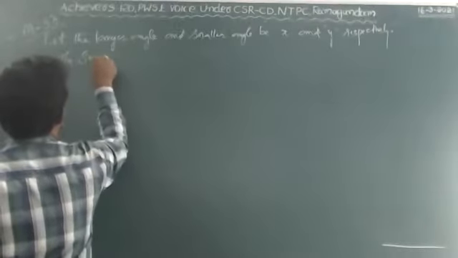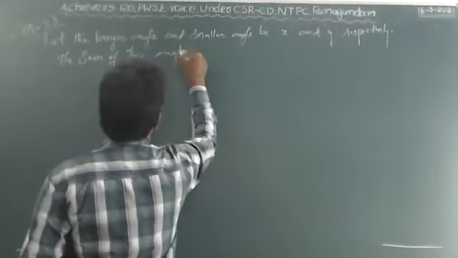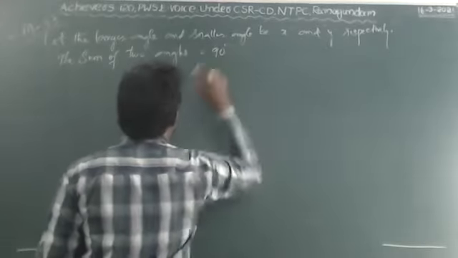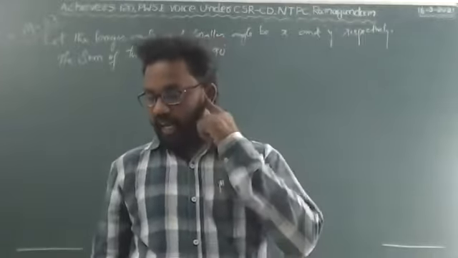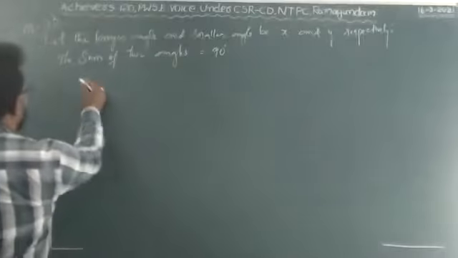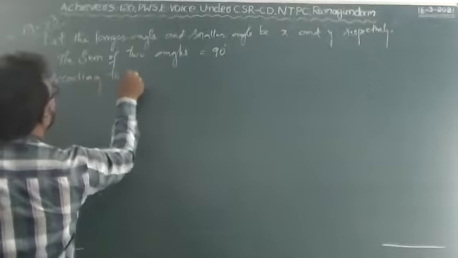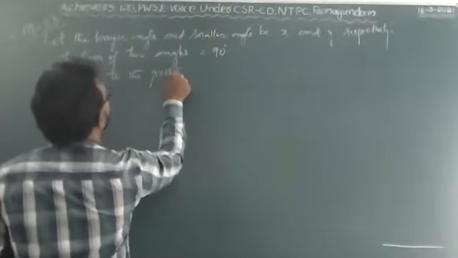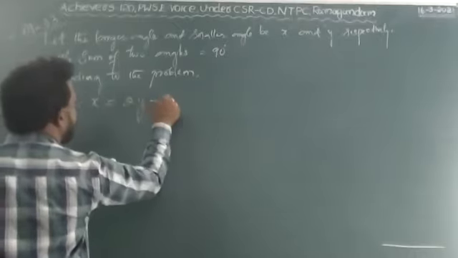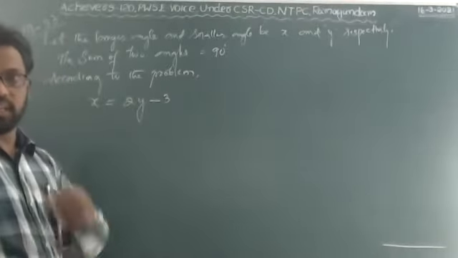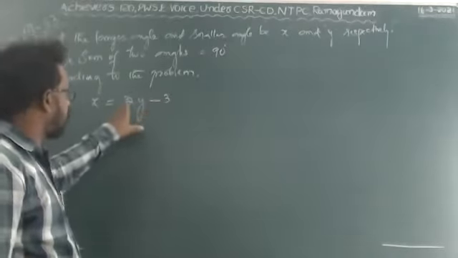So one of the conditions given according to the problem is that the sum of the two angles is complementary. And the larger angle is 3 less than twice the smaller angle.